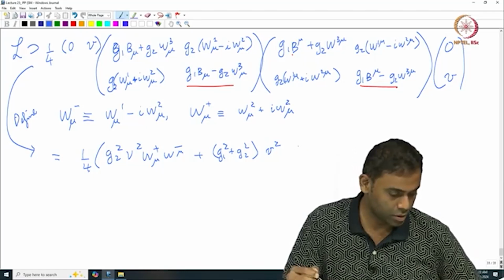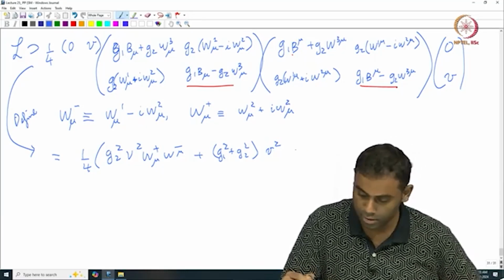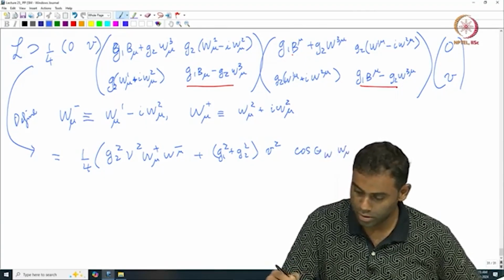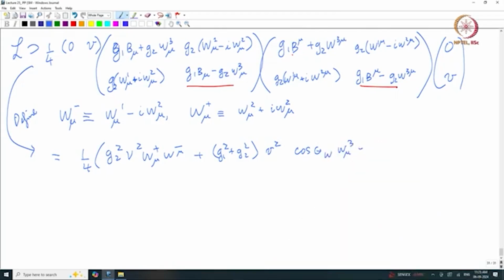I am going to write it in a slightly interesting way. Let me call it cosine theta W W3 mu minus sine theta W B mu. What does theta W stand for?